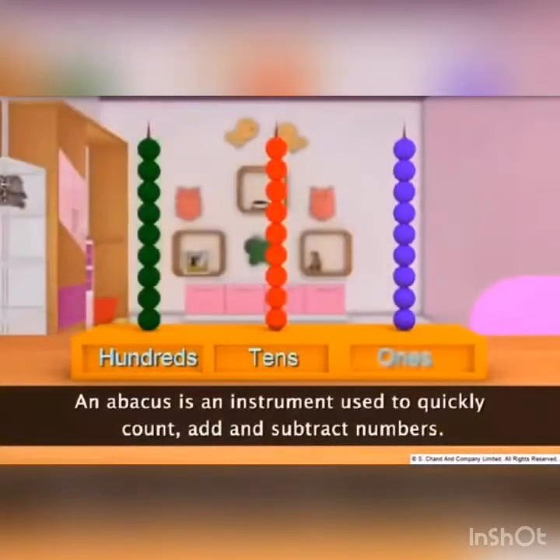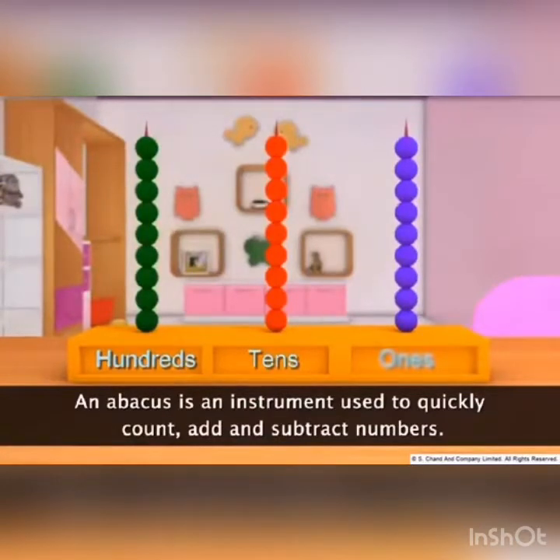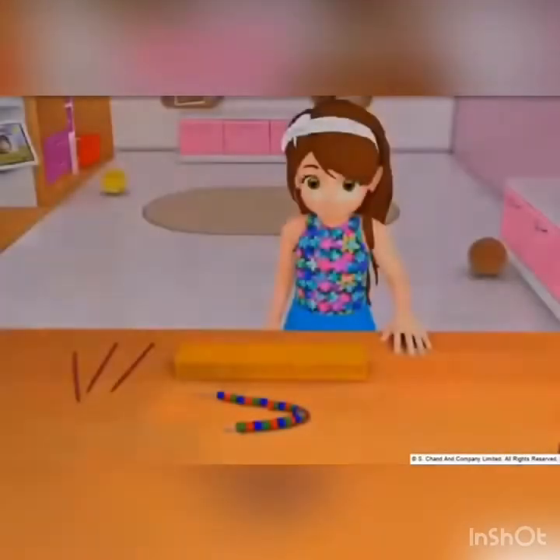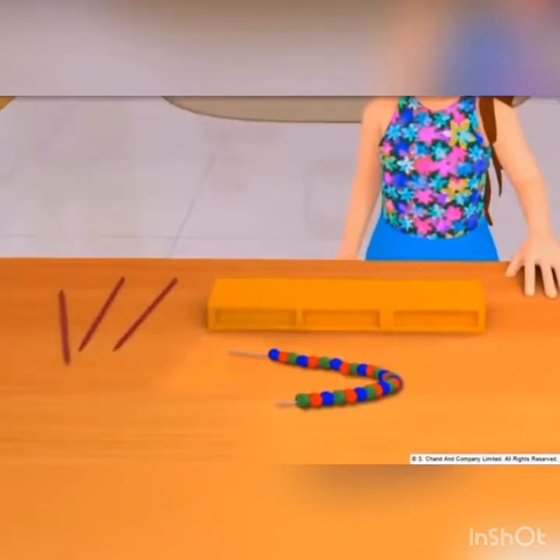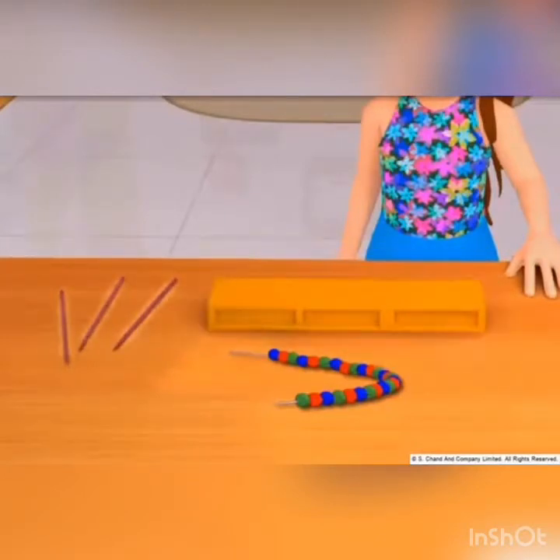We can do this by making an abacus. An abacus is an instrument used to quickly count, add and subtract numbers. Let us make a simple abacus. To make a simple abacus to show numbers up to 999, we need a block of plasticine, 3 pieces of wire and Sela's string of 27 beads.